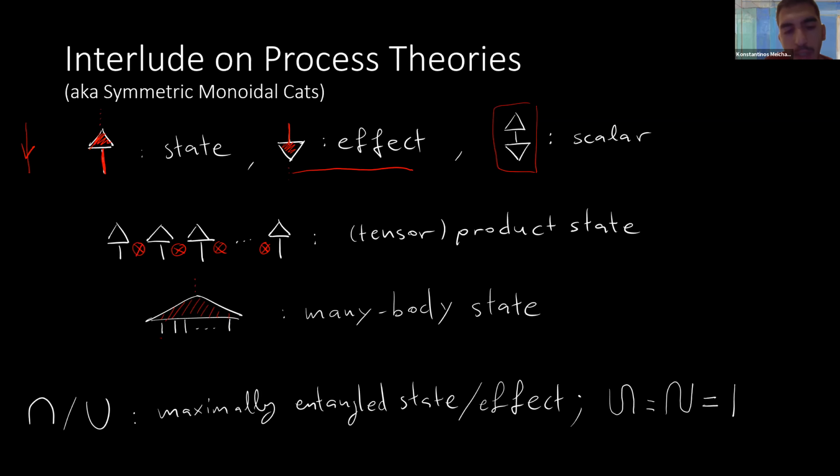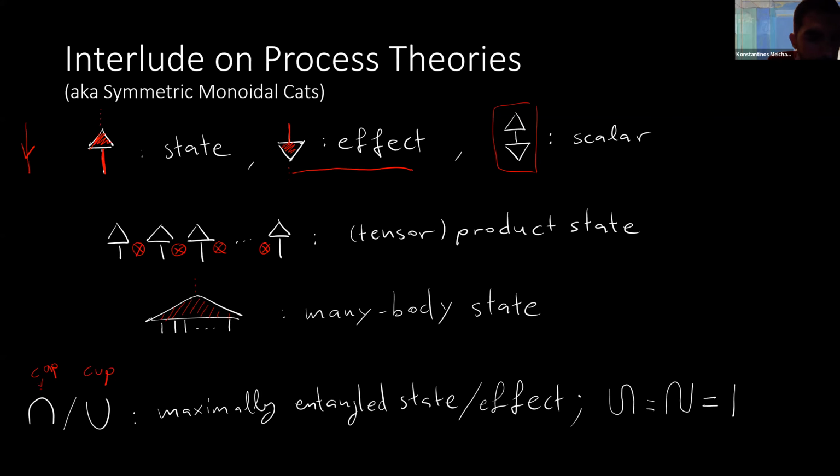So this would be a collective state, a many-body state of as many bodies or qubits or systems in general in process theory, as many wires as we have here. Or a tensor if you're doing it classically, okay? So I have two special states here, this cup and this cup.